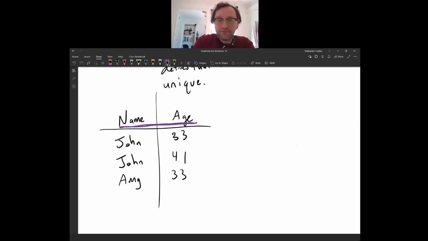So here, John and John are okay because they disagree on their age. So long as they're not exactly identical, they're fine. The same thing here with these ages that are the same. Because the names are different, these are okay. This is when you have a keyed constraint that's using both of these columns.